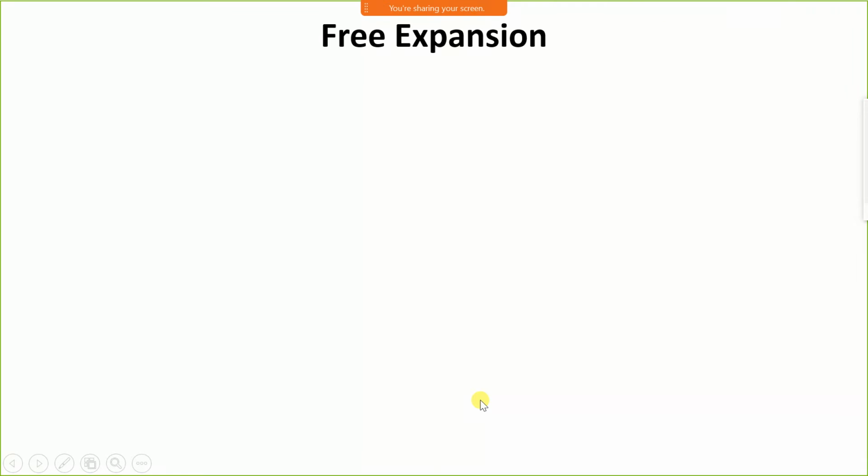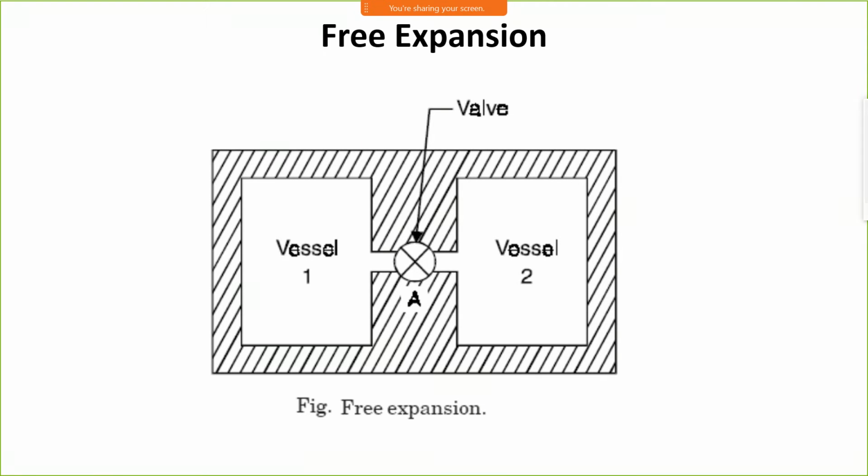Free expansion. Free expansion is an expansion where we consider there is no work done. Consider two vessels connected with one pipe, and in that pipe one wall is placed. Consider vessel 1. In vessel 1, there is a gas at a particular pressure.